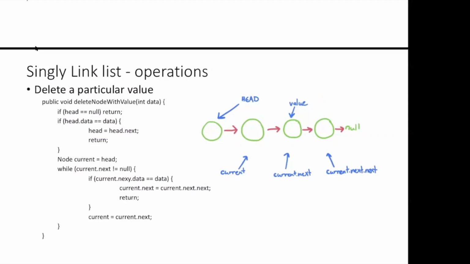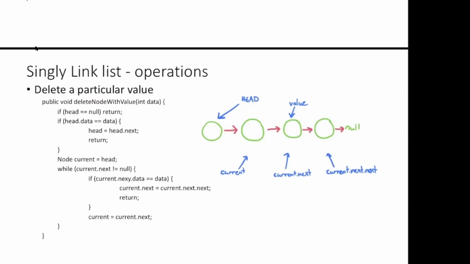The head case is the easiest. If head.data is equal to data, all you do is take the head's next and point head to it, and you have deleted the first element. Basically you're taking this link out. So that is the first element.